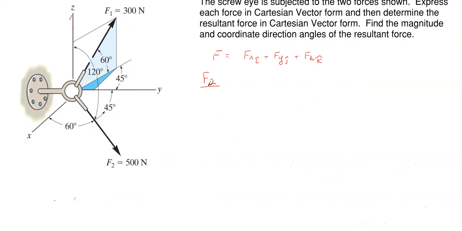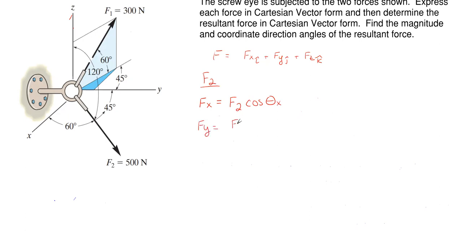So whenever you have 3 angles like this, you can use the directional cosines in order to solve, which is much easier and less confusing. Using directional cosines, it's essentially just going to be Fx is equal to your actual force F2 cosine of the angle off of the x.